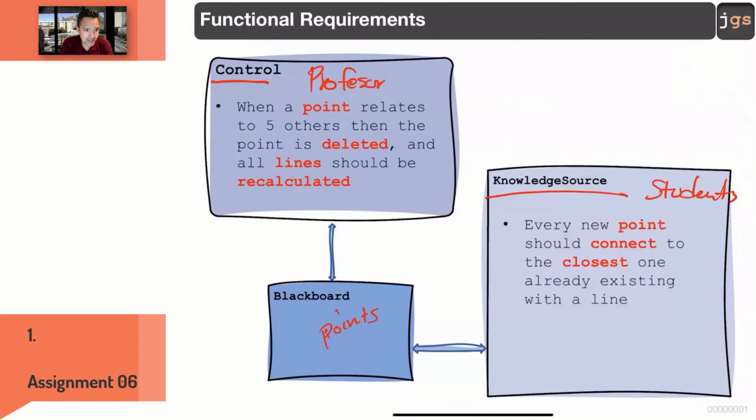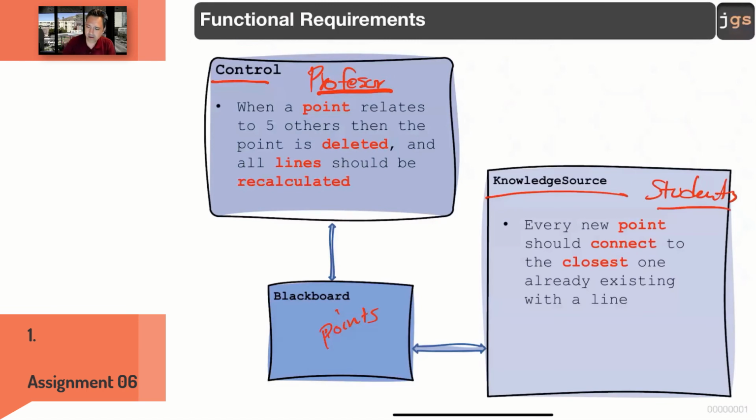So next, this is about the students. The students draw the lines. What about the professor? Do you remember we have a professor in the Blackboard? What I am asking you to do in the implementation of the professor is the following. The professor is only one, and the professor is going to be observing what is happening in the repository.